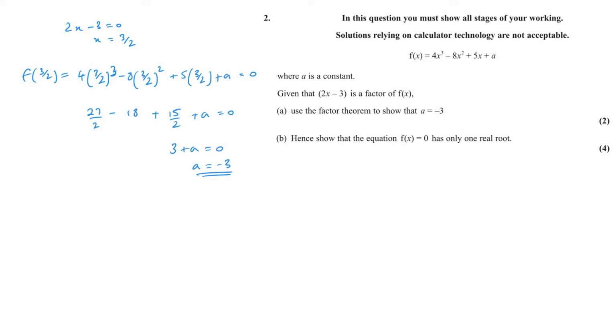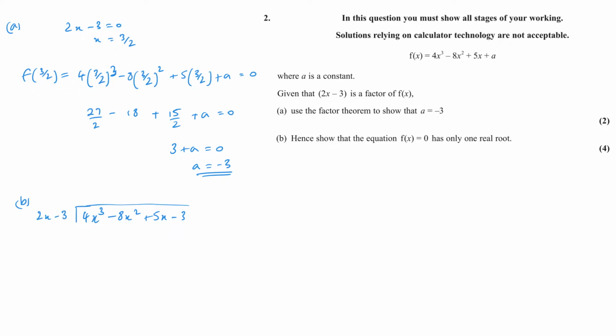Now b, hence show that the equation f of x equals 0 has only one real root. Now for part b, we can go about this in two different ways. We can use long division, dividing by 2x minus 3.